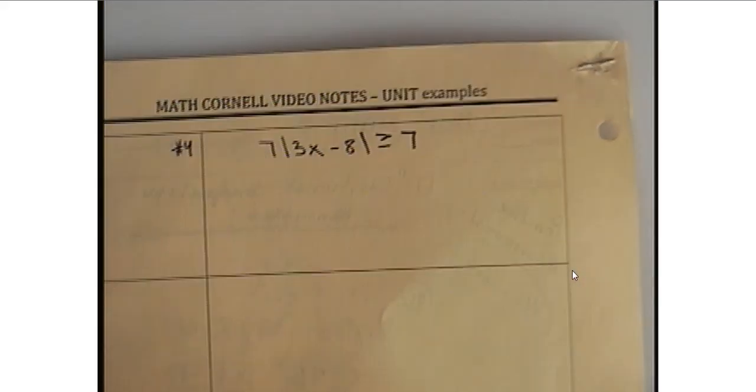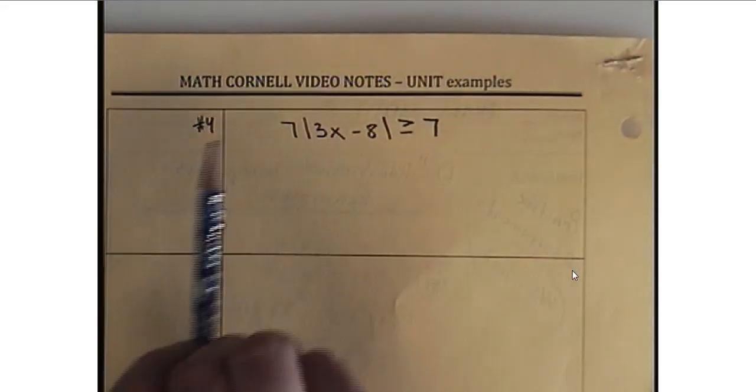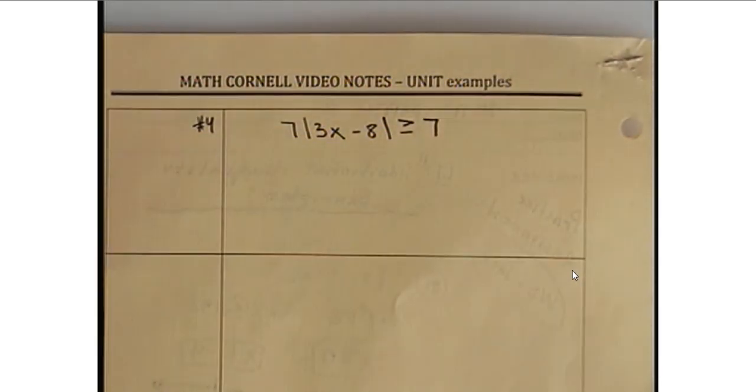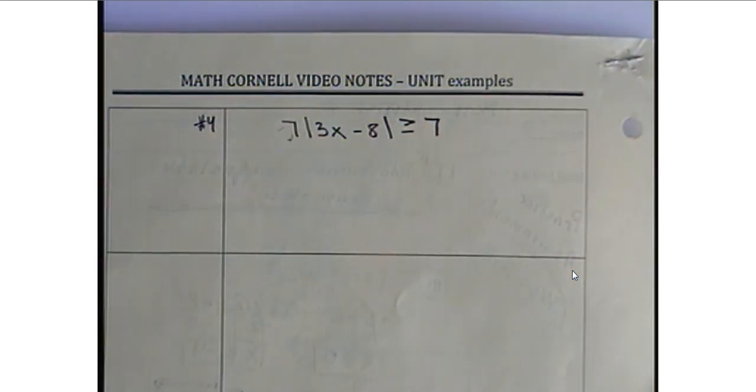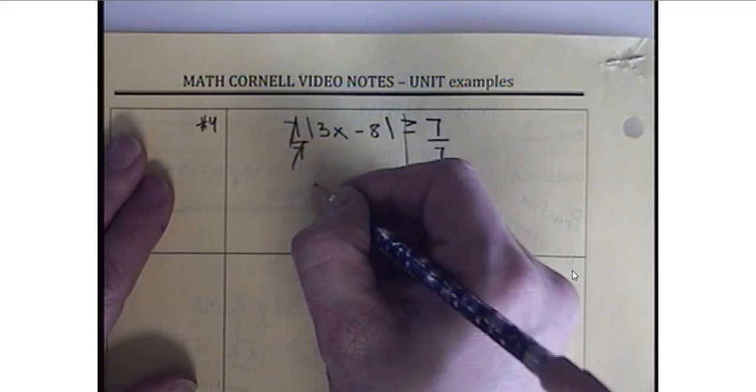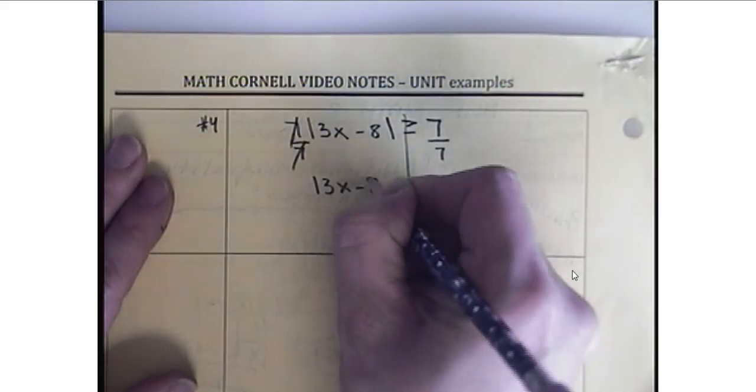Another example that you may see with absolute value inequality problems is when you have a number outside, just like when we do the equations. So we gotta get rid of this number first before we separate the inequality into two parts. So what we're gonna do, we will divide by 7 first. So 7 and 7 cancel, and we're gonna have the absolute value of 3x minus 8 greater or equal 7 over 7 as 1.